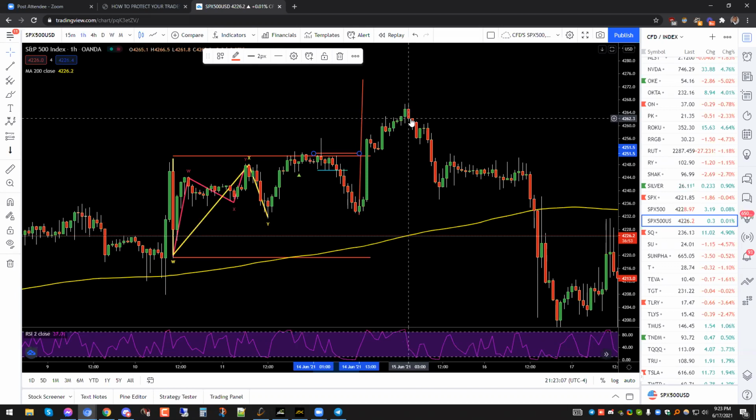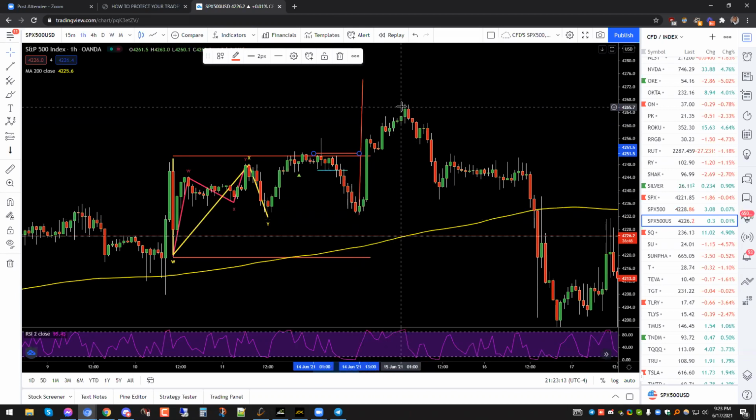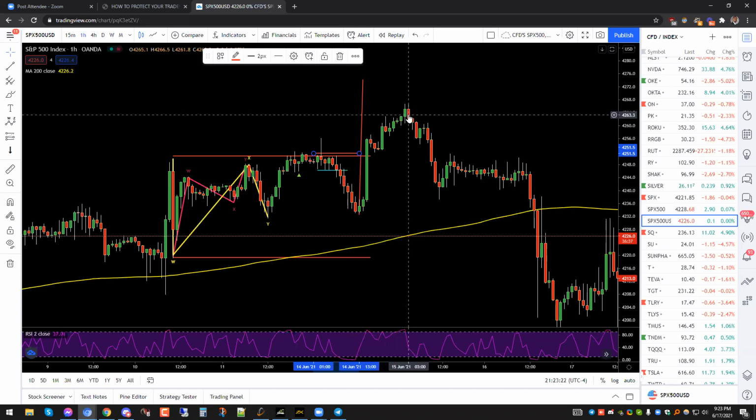We already had this impulse to the upside. So after getting the impulse, for those of you who understand the Elliott wave theory, we will be looking for the correction or the reversal. So with this being a red candle after a completed impulse move, this is going to give us our signal to go short.